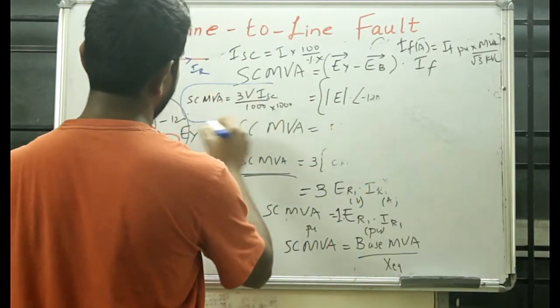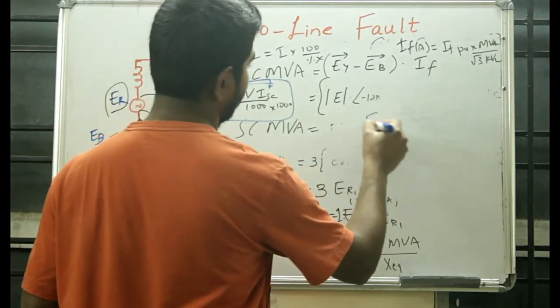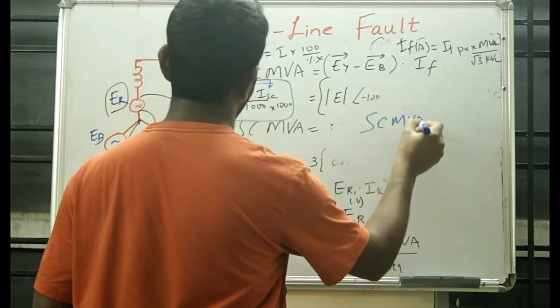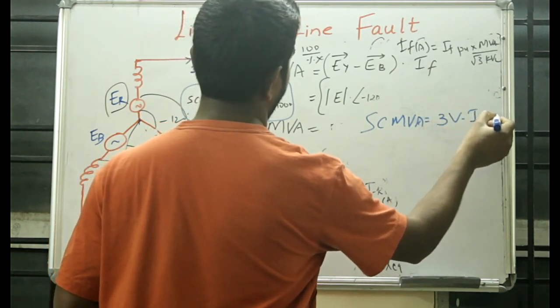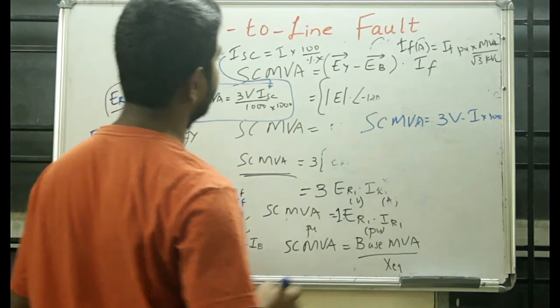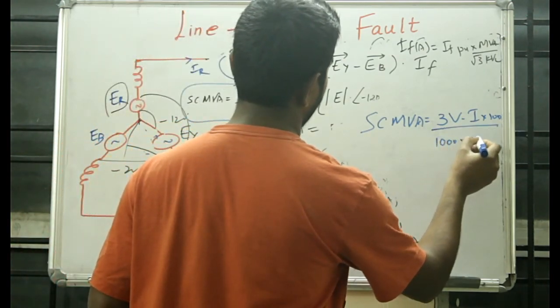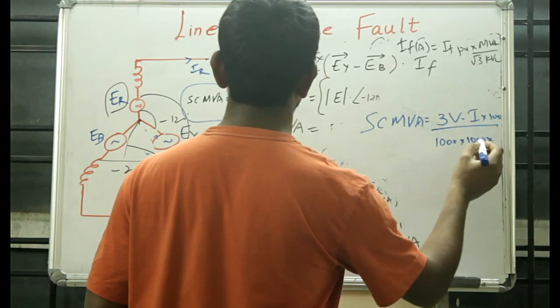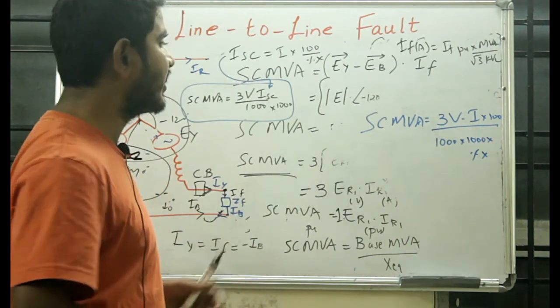So this is your equation, and let us substitute the ISC here. Your short circuit MVA will be given by 3 into V into I into 100 by 1000 into 1000 into percentage X, that is percentage reactance.